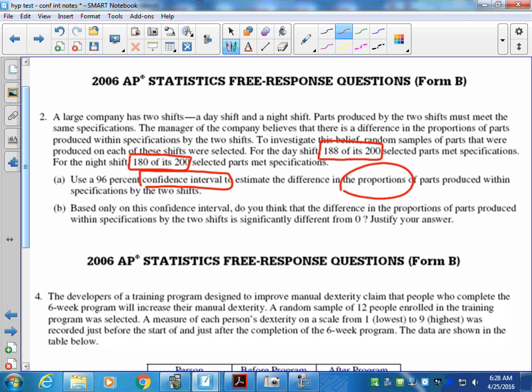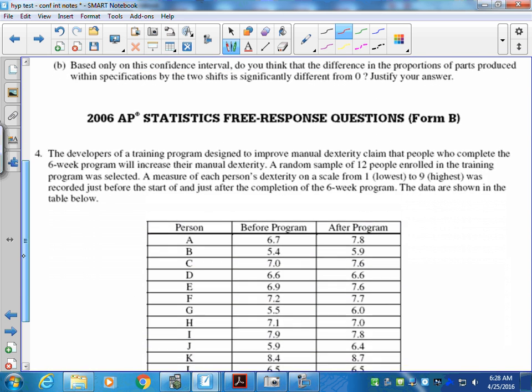So in this situation, we've got a two-sample proportional confidence interval. And that's always important to define what you are doing. Everything else is built upon those pieces.